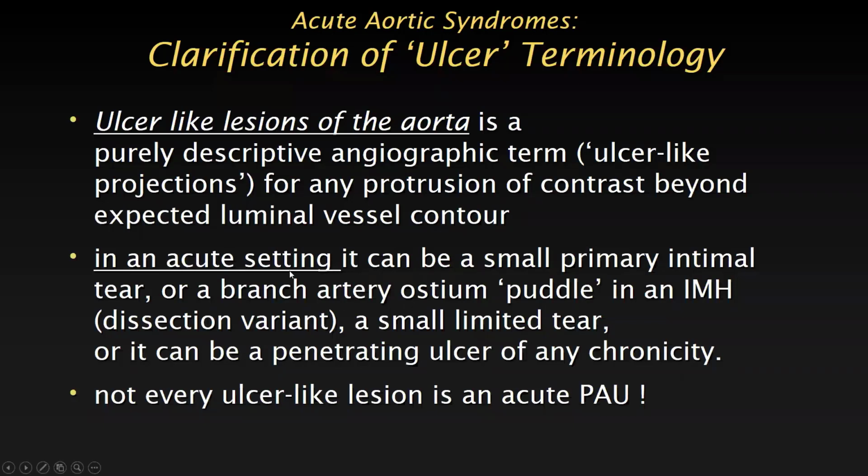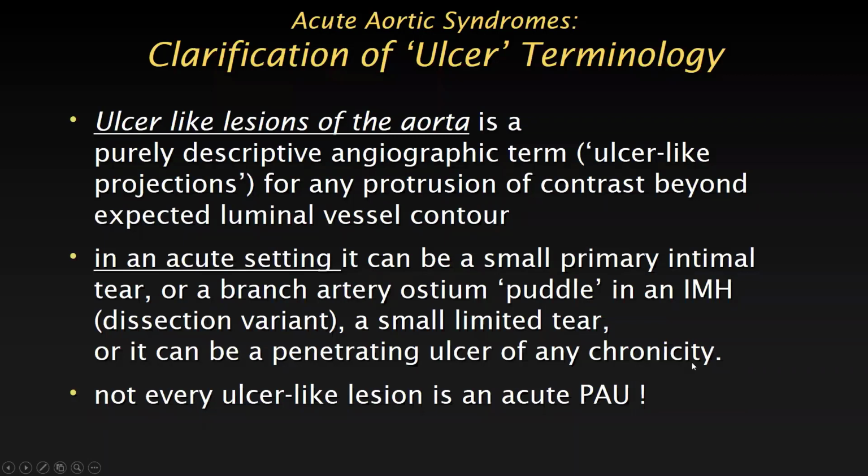But in an acute setting, if you see an ulcer-like lesion on CT, before you make up your mind and tell anybody that it's a PAU or just a variant of a dissection, you first have to look at everything else and then decide if this ulcer-like lesion is just a primary intimal tear in an aortic intramural hematoma, or a branch artery ostium because you see all the other context, or a dissection variant communication, or a small limited intimal tear, as you have seen yesterday, or a penetrating atherosclerotic ulcer, an acute one in the acute setting, or a chronic lesion.